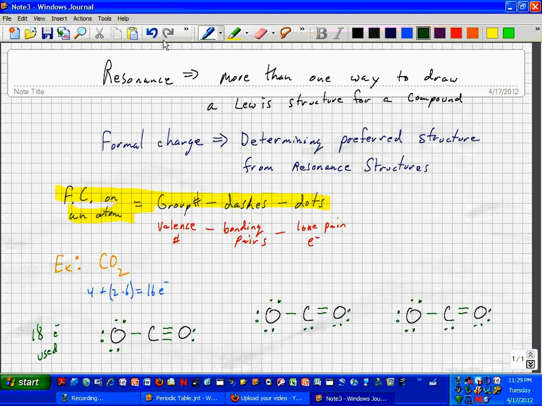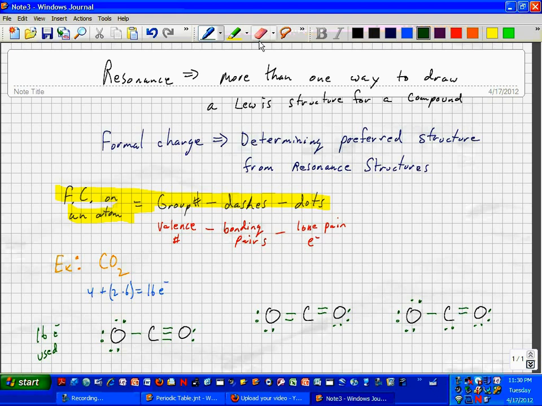So I've got a triple bond, which now takes this down to 16 electrons used. This is where I started with my 16 electrons. Why couldn't I have taken 2 off of this carbon and 2 off of this oxygen and added in a double bond here? That still takes me down to 16 used.